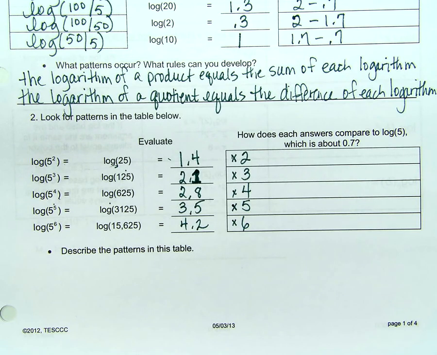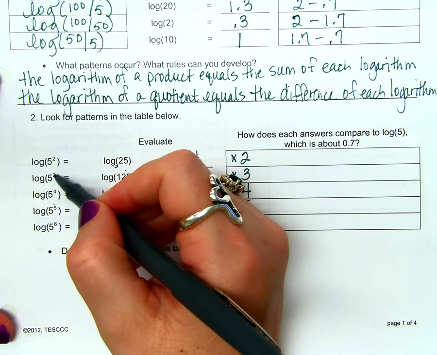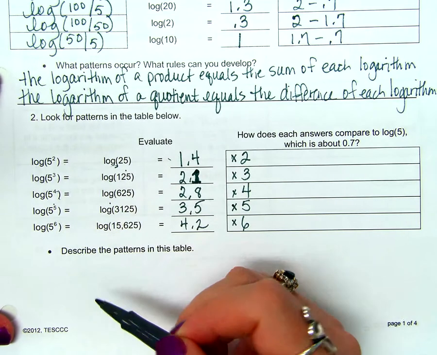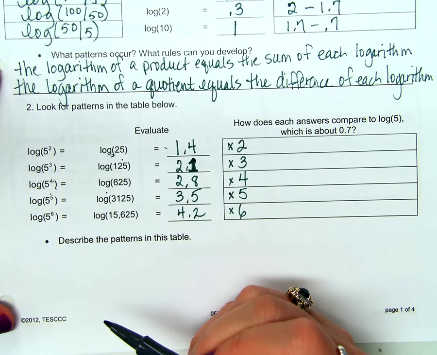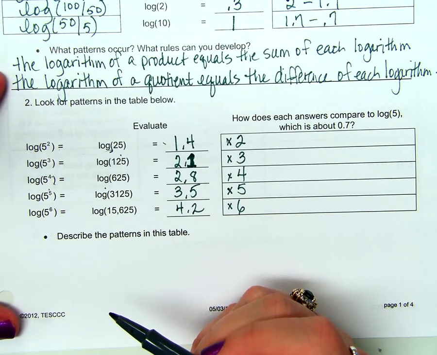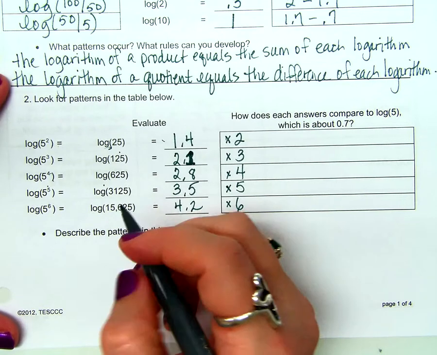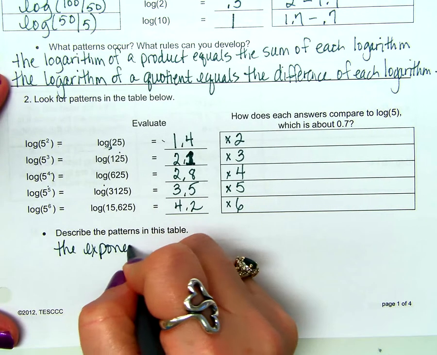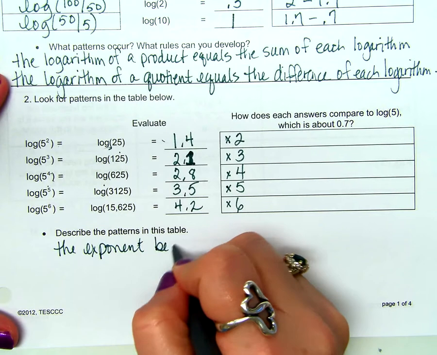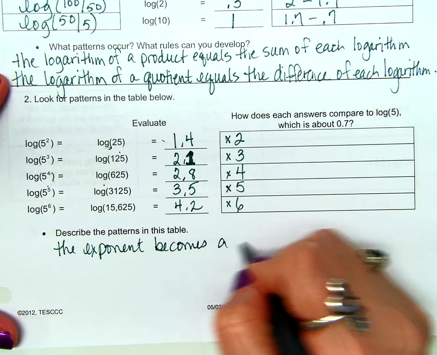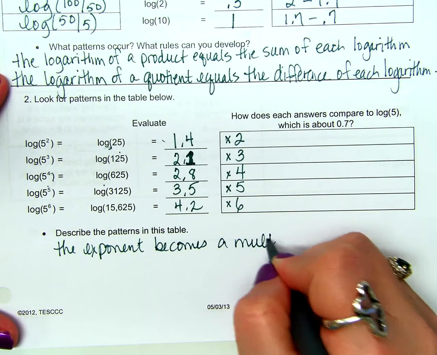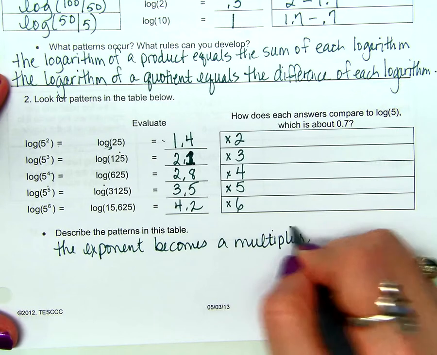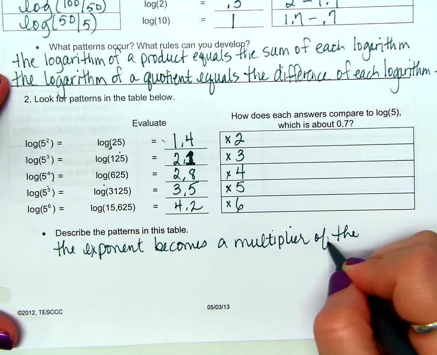The exponent becomes a what? A multiplier of the logarithm? You okay with that? The exponent becomes a multiplier of the logarithm.